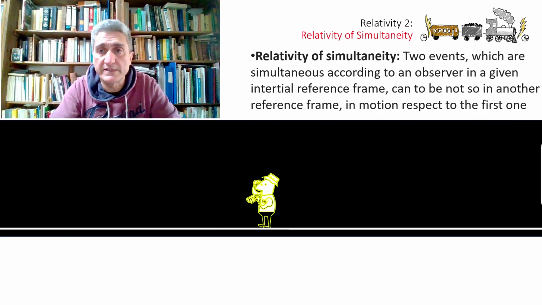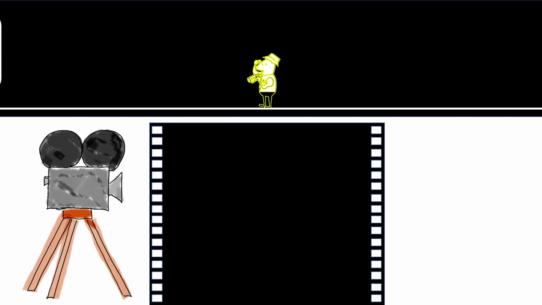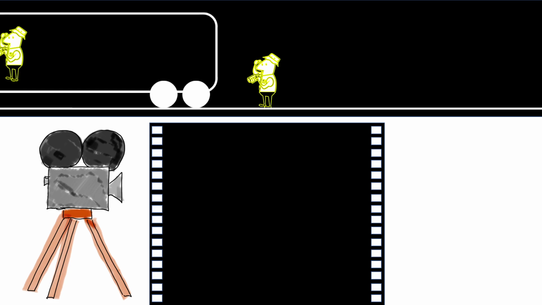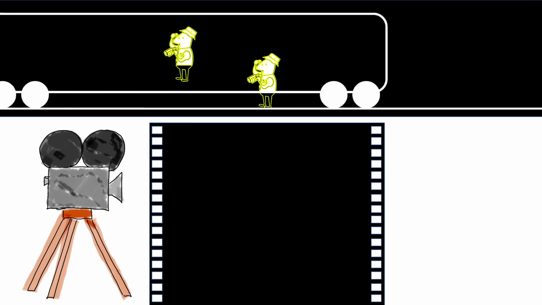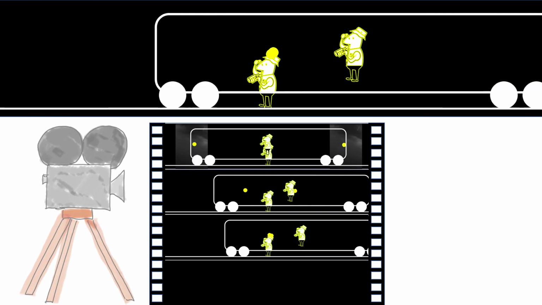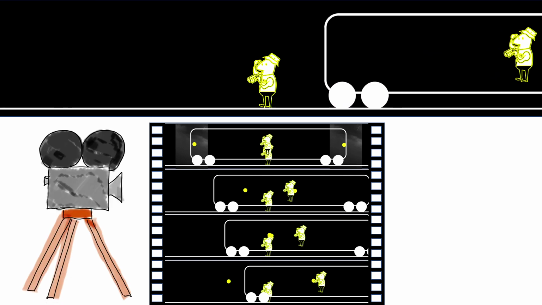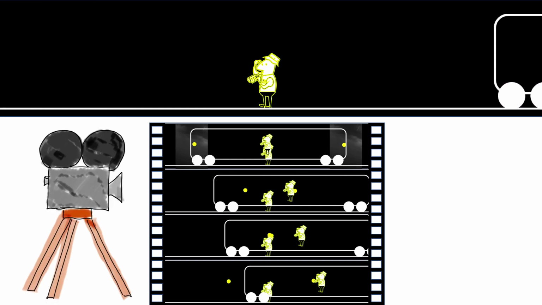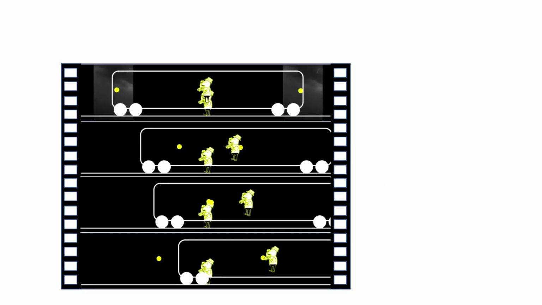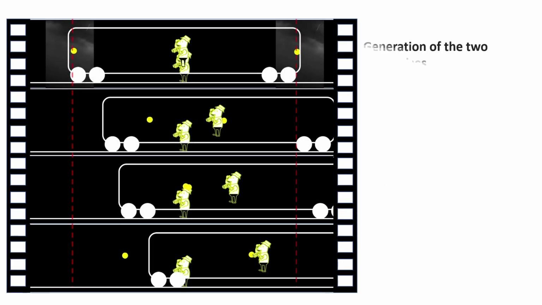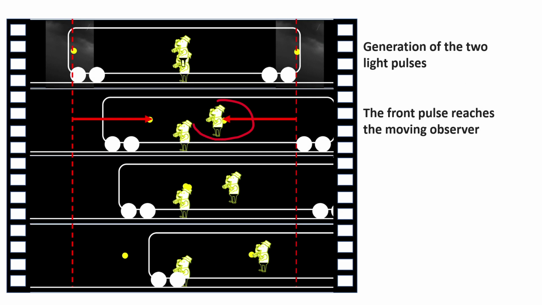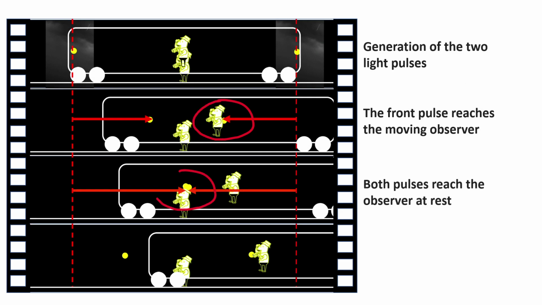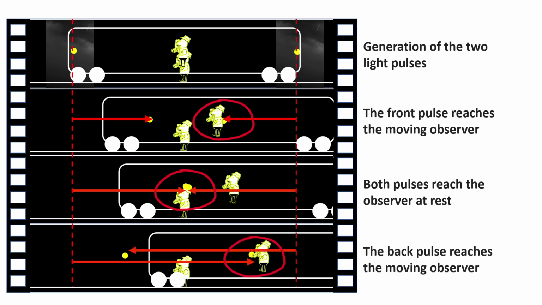To clarify this point, suppose we take some pictures of the key moments during the process. From the point of view of the observer at rest, there is an initial time when the two light pulses were generated. Then, a moment when the moving observer is seeing the front pulse. Another moment when the observer at rest sees both the flashes, and the last moment when the moving observer sees the rear flash.